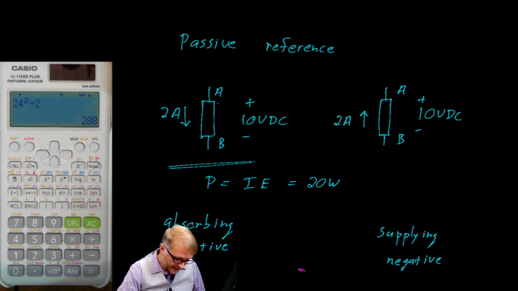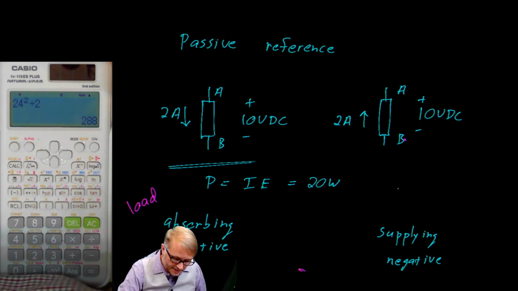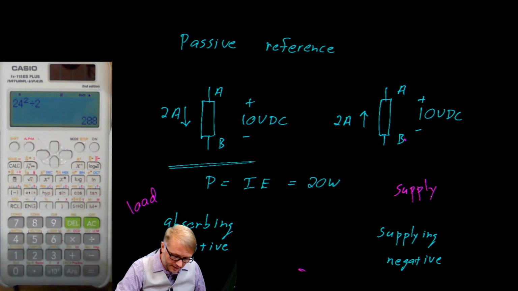You could think of that as the load. Whereas over here, if you have a voltage A measured with respect to B, and you have a current flowing in the direction of B to A, you could call that a supply or a battery if it helps.